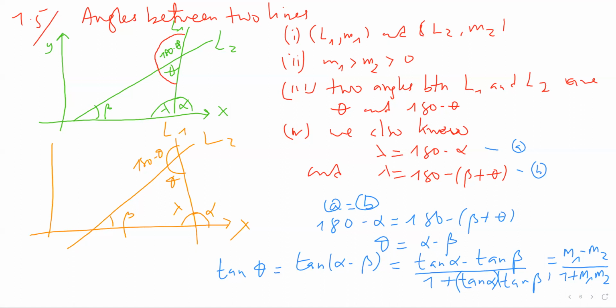Of course, if you take the triangle being formed, then you see that theta plus lambda plus beta is equal to 180.